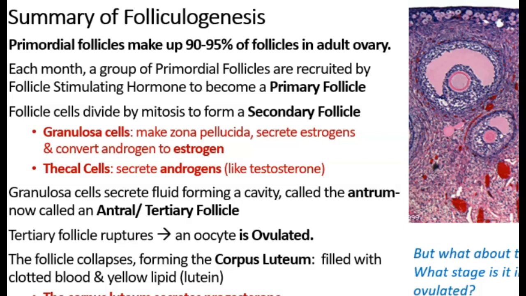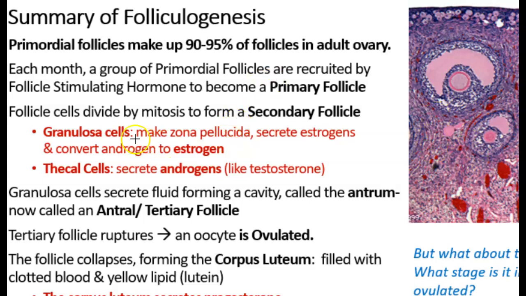Within the primary follicles, cells divide by mitosis to form a secondary follicle. So there's layers of cells. I'm going to pretend that this is just one layer of cells surrounding an oocyte. I think it is. That would be a primary follicle, whereas the one above it would be a secondary follicle because there's layers of cells.